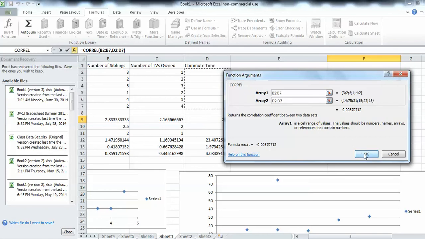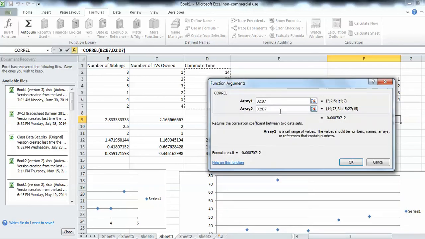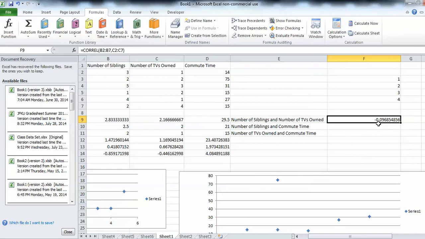No, wait. I'm doing the first one. I'm doing siblings and TVs. So I highlight the B column for array 1. For array 2, I highlight TVs. Like this. Now I get the R-score. It came out to negative 0.09, which is pretty close to 0.